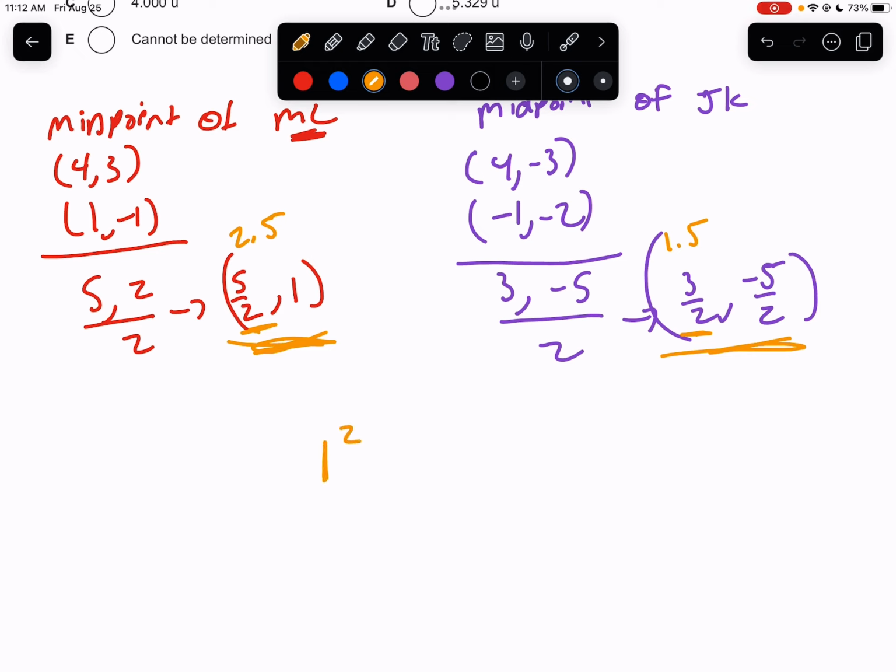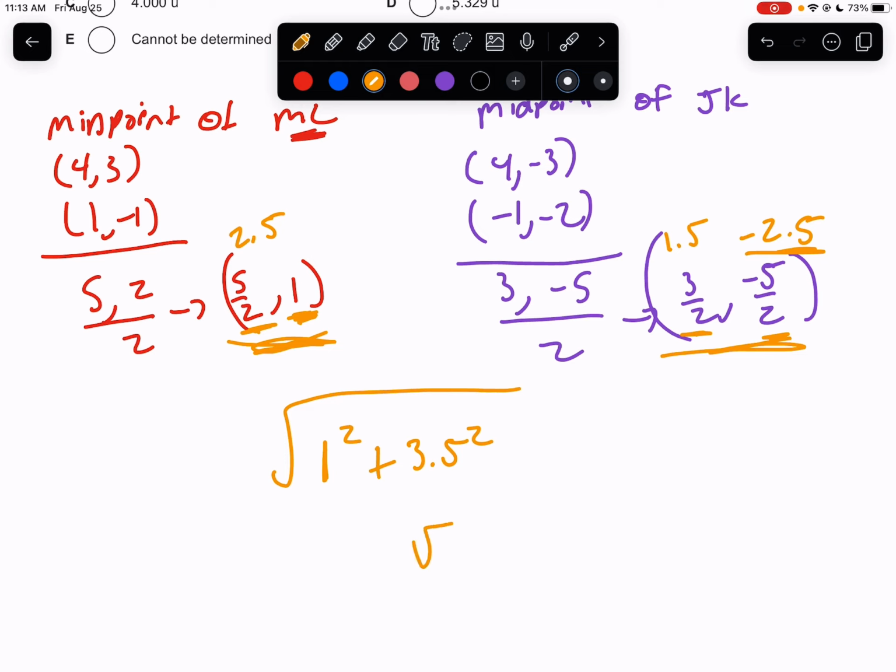Then we do the same thing to the y's. How far is it from 1 to -5/2? Or if it helps, -2.5. How far is it from 1 to -2.5? And that is 3.5. And we square it. So it's the square root of 1 squared plus 3.5 squared. I'm going to type that in my calculator.